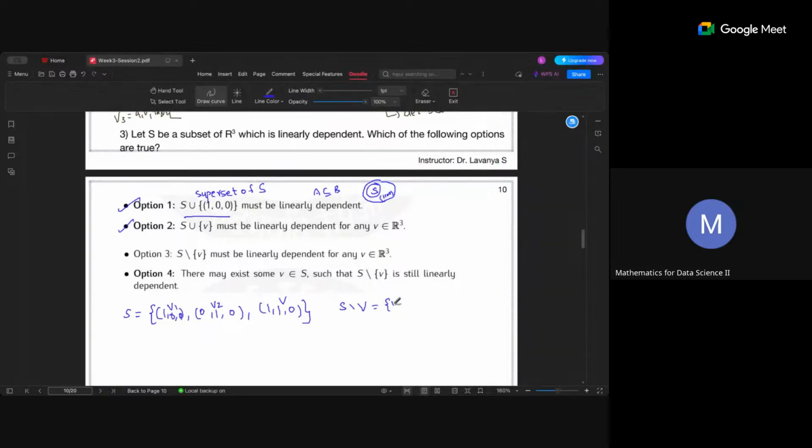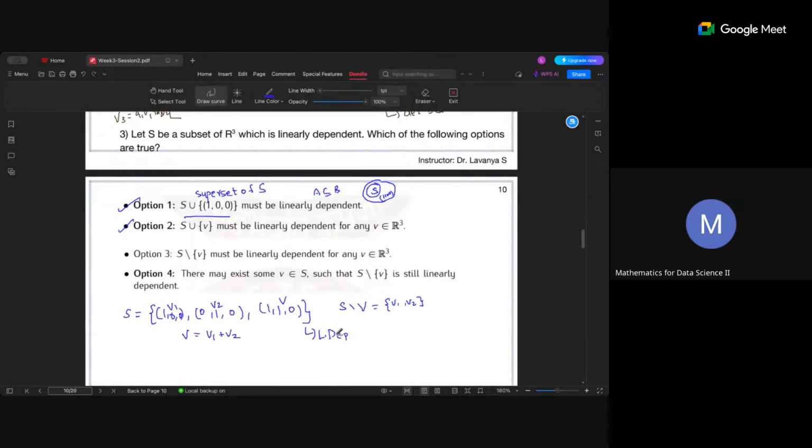It is simply V1 and V2, right? Just look at this and tell me the relation between V and V1, V2. V is equal to V1 plus V2, a linear combination. So you see that this set is already linearly dependent, right?